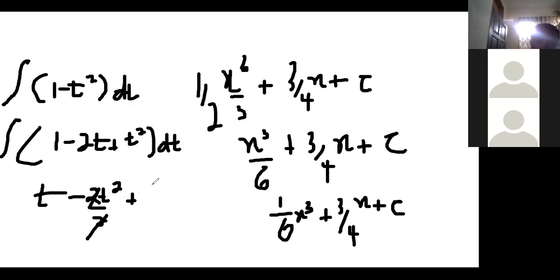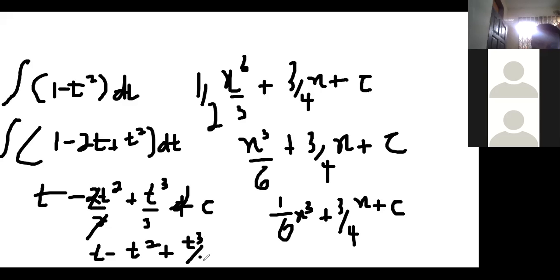Plus this will be t cubed all over 3, plus c. So this will give me t minus t squared plus t cubed all over 3 plus c.